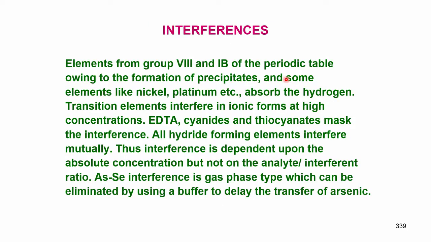Then we have the other interferences in hydride generation. I have already told you so many times that atomic absorption is basically an interference free analysis, so long as only the metal atoms are there.